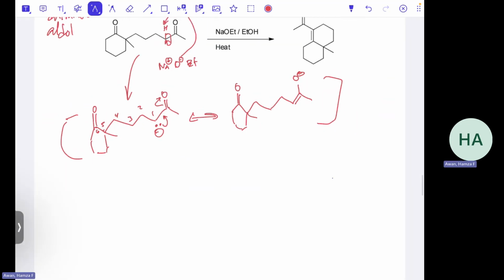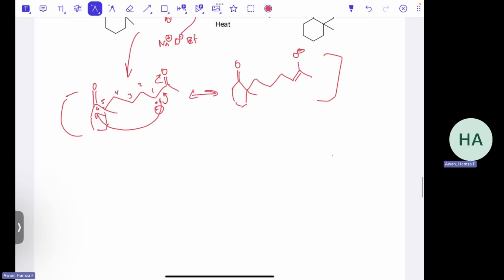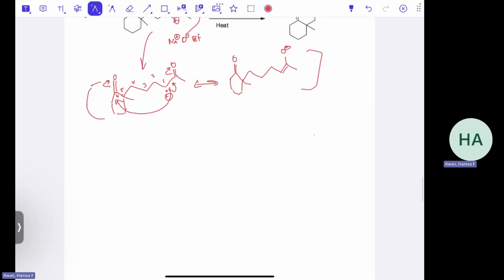So we went ahead and did that, just moved it like this, and then the bond on the oxygen like that. So now we have our bicyclic. So we have our O, not OH yet. It's just going to be an O minus.